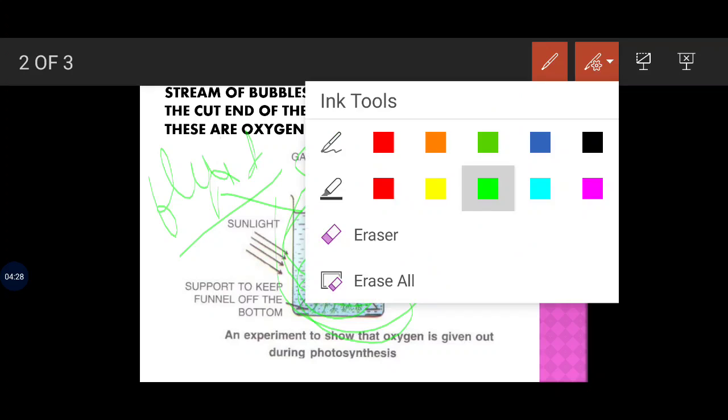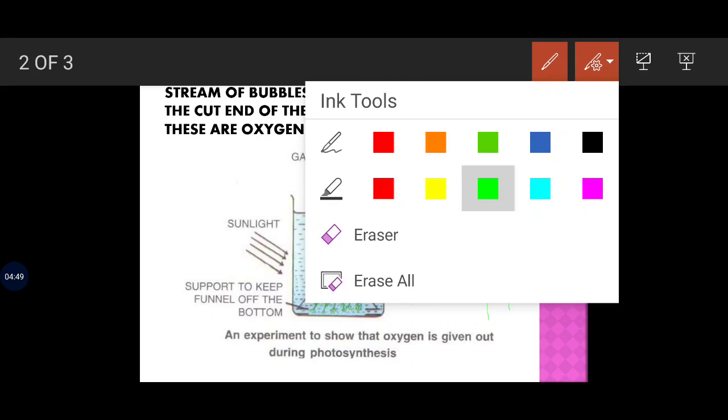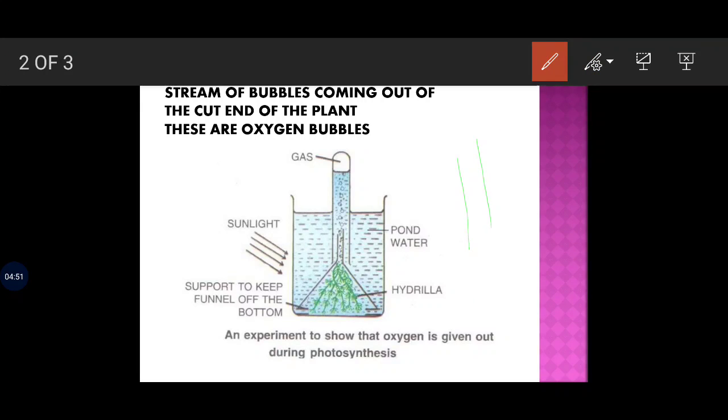Okay, so with this hydrilla plant, what we have done is cut its stem obliquely. If this is the stem of a hydrilla plant, we have cut it obliquely like this. After cutting, the stem becomes like this. So this is basically the oblique cutting.